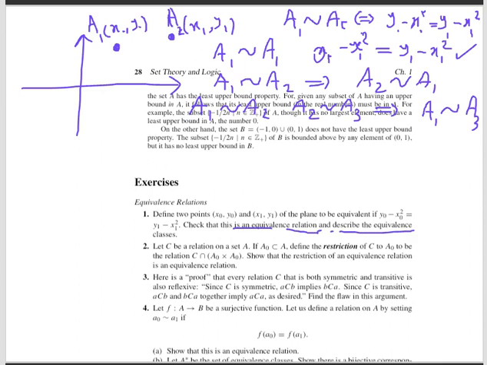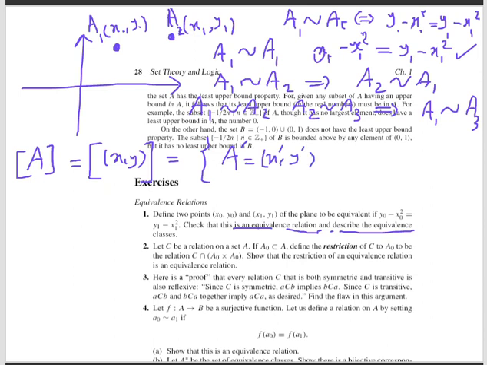The class of a point (x, y) is the set of points (x', y') such that y' minus x' squared is equal to y minus x squared.